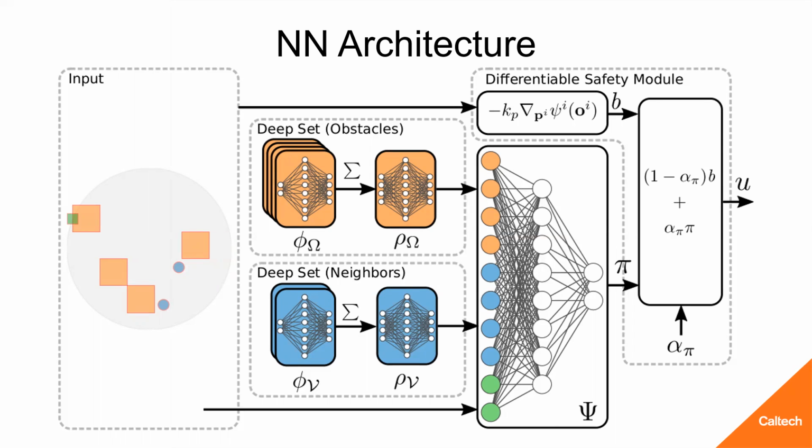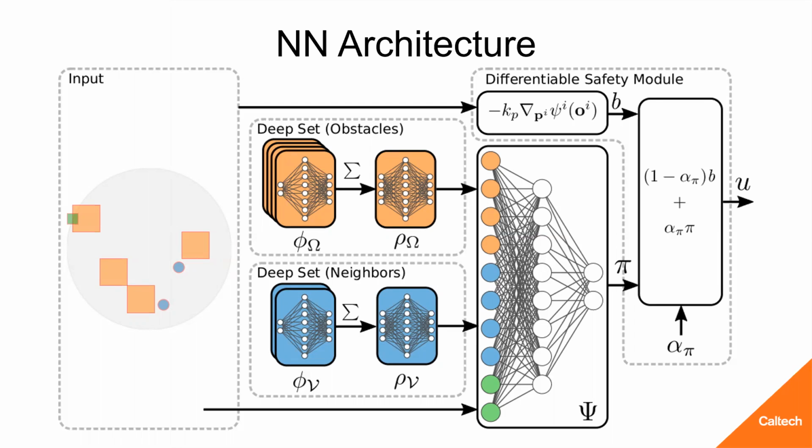The first deep set just encodes the obstacles: the input set is the relative position information of your obstacles, and the output is some hidden state that we might or might not understand. The second is the neighboring deep set, which encodes the same relative state information of all the other robots within your observation radius.